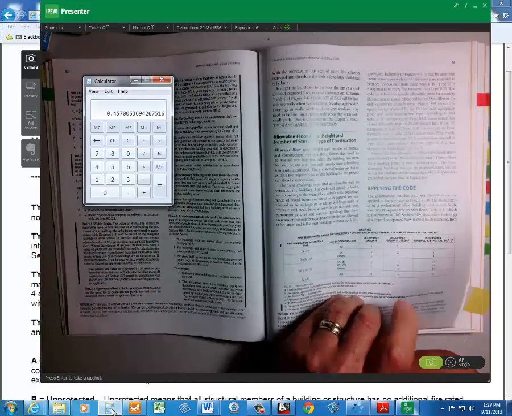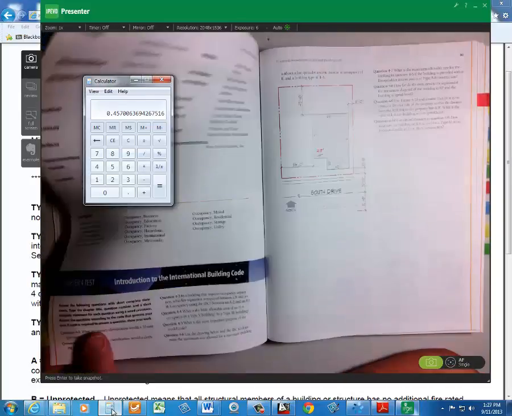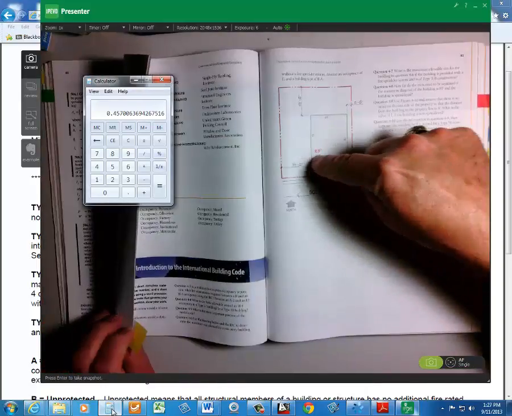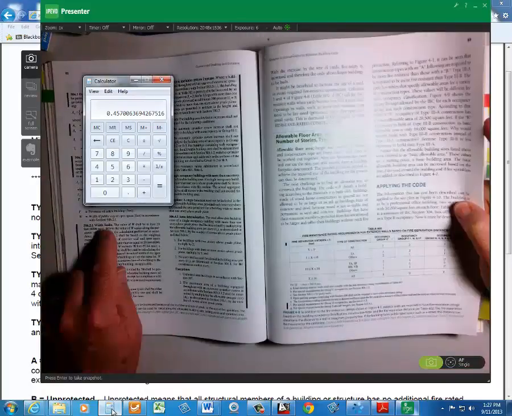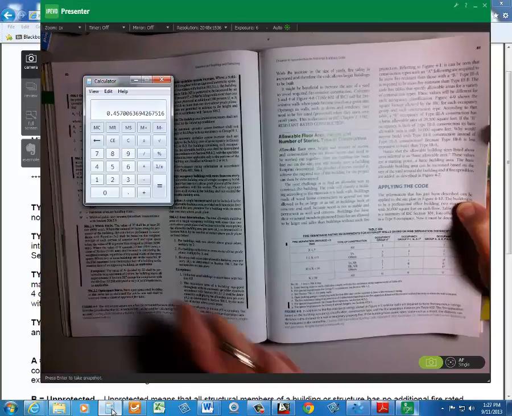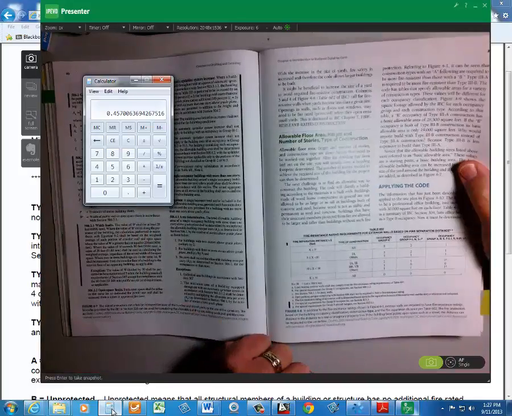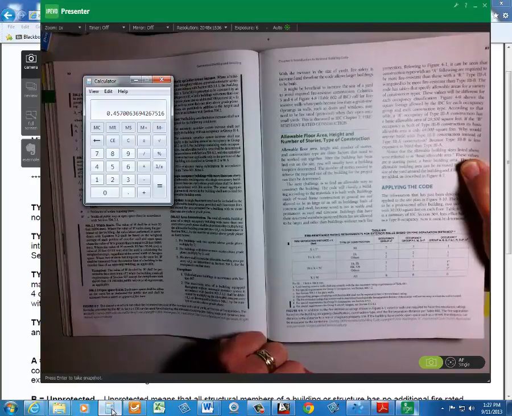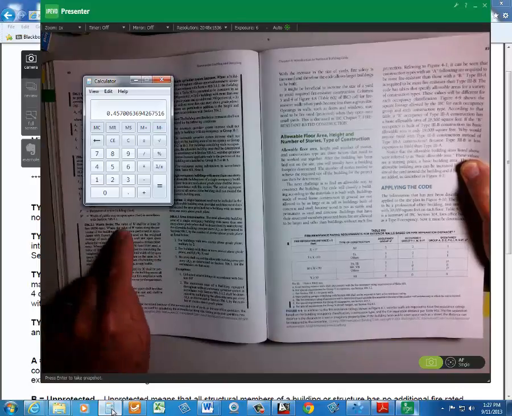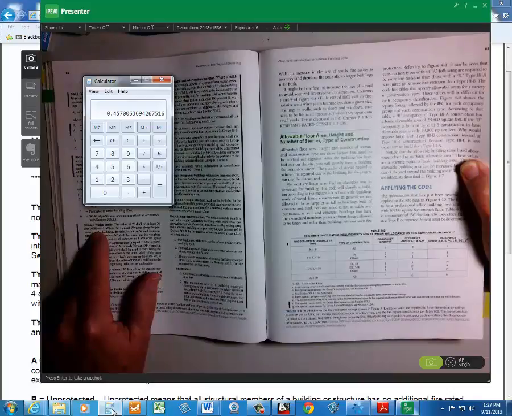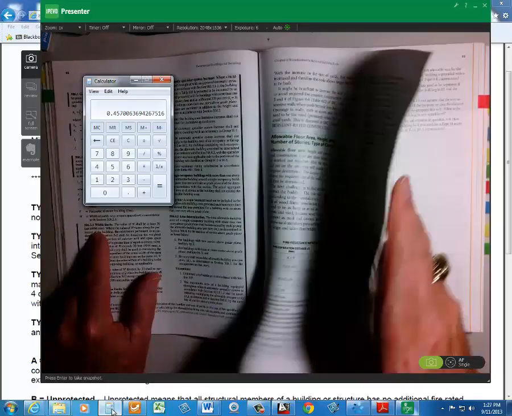The width of the public way. It says refer to 506.2.1. Oh, it's right underneath. The value of W shall be at least 20 feet. Okay, so it's more than 20, isn't it? 65.